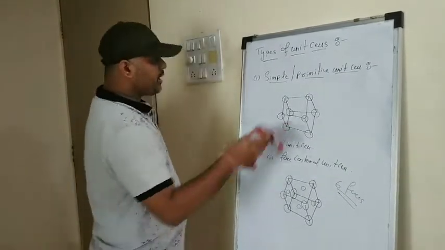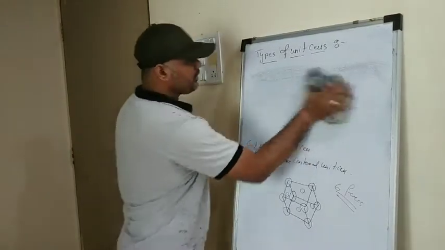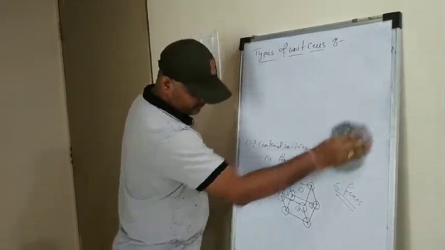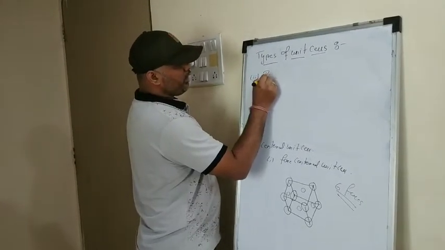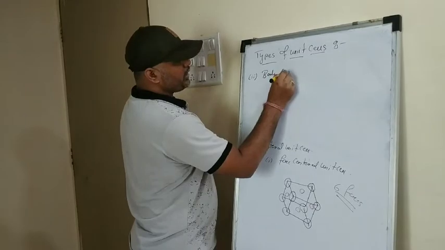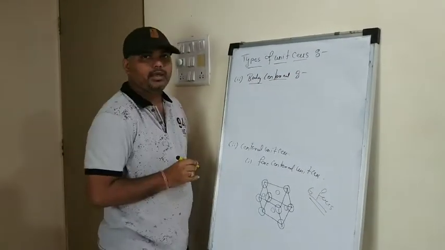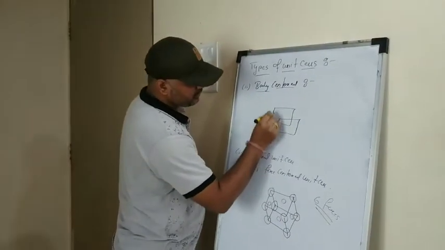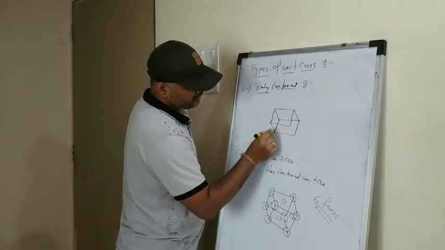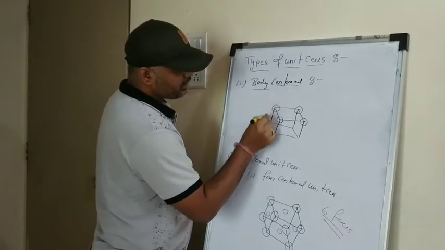Okay, now the next one is the body centered. Now the word itself tells you that this particular unit cell has a particle at the center of the body. Again we will draw the basic structure. All the constituent particles will be present at the corners.